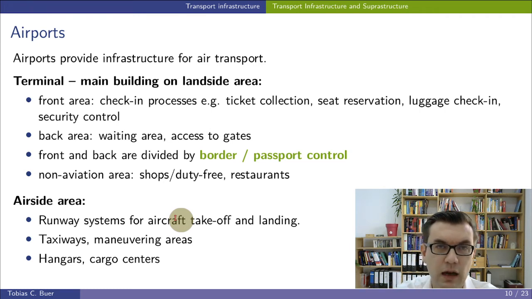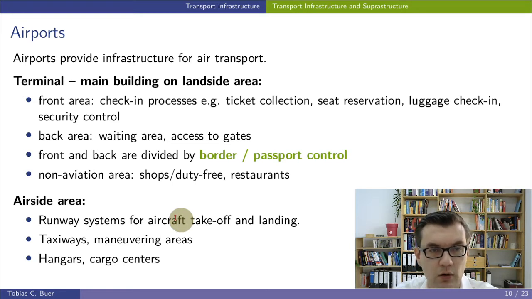On the other hand, we have the back area, where the passengers use the gates in order to board a plane, or where the incoming passengers exit the plane and enter the terminal building.